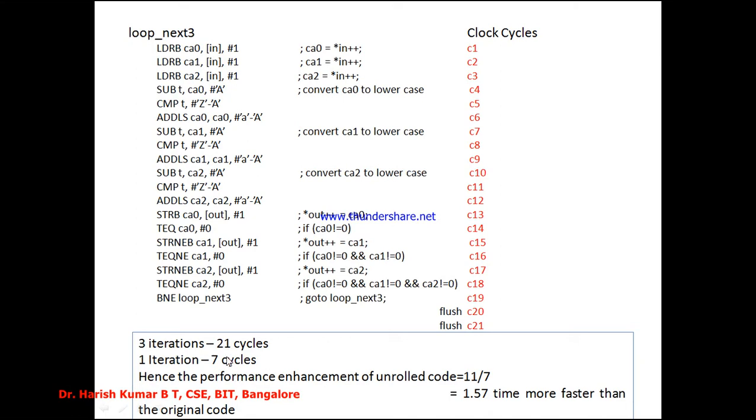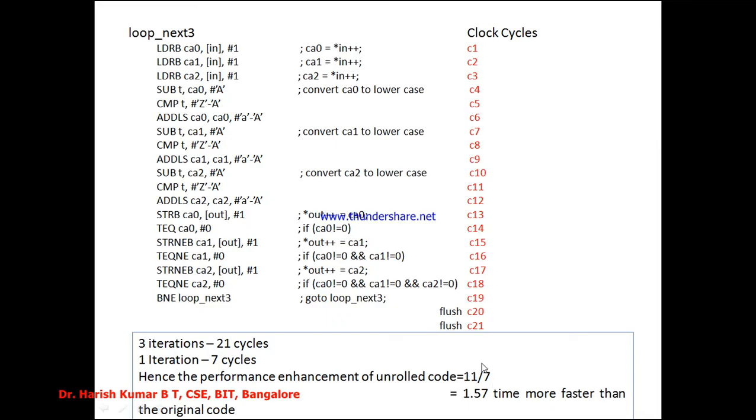So in the first example, 11 clock cycles were required to convert one character from uppercase to lowercase. In the second example, it was 9 cycles, and in the third example, we have reduced it from 11 to 7 clock cycles.